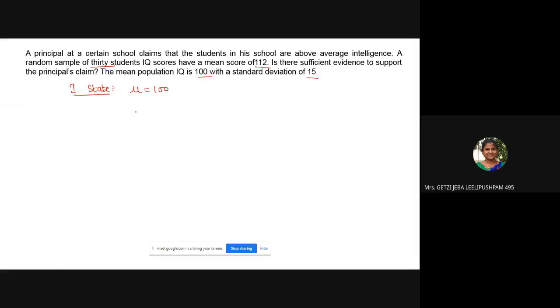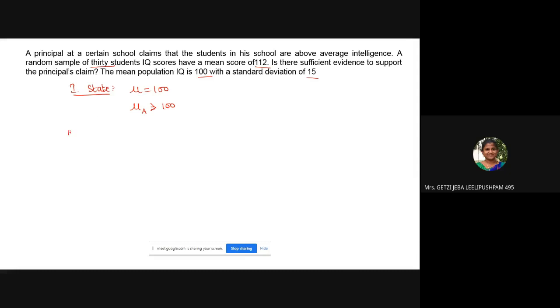But the principal claims, let's say the alternate hypothesis, that it is greater than 100. Now we have completed the statement. The accepted fact is the mean IQ is 100 only, but the principal says it is greater than 100. It is 112.